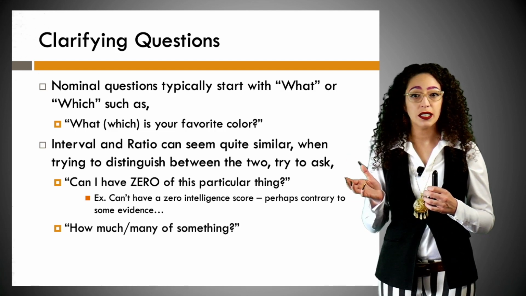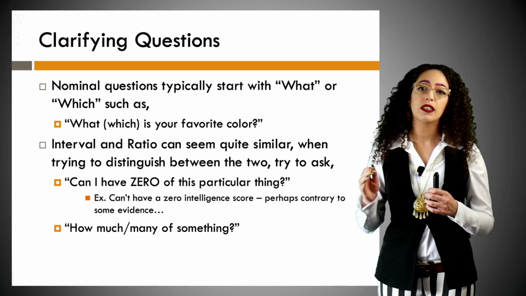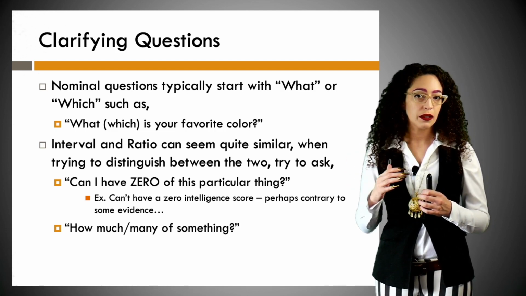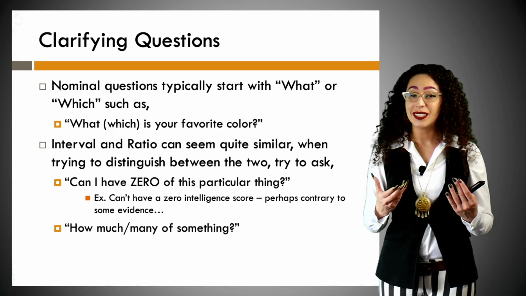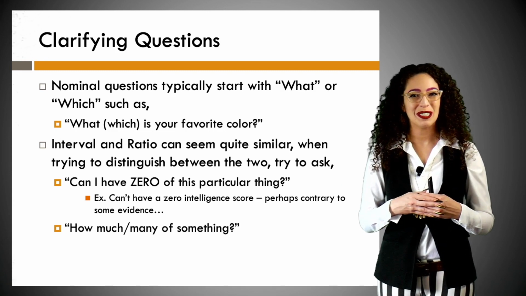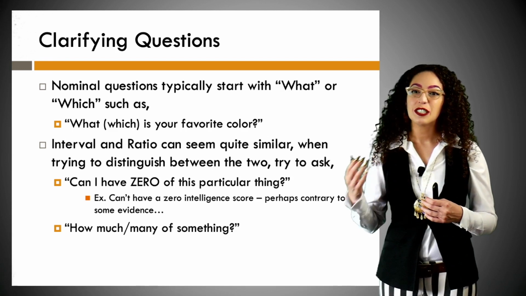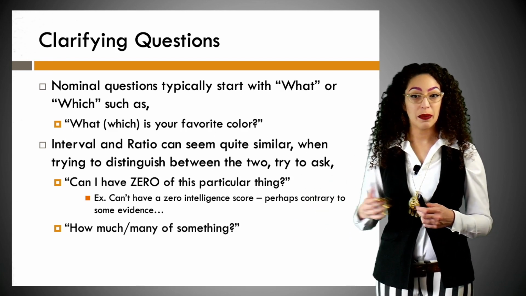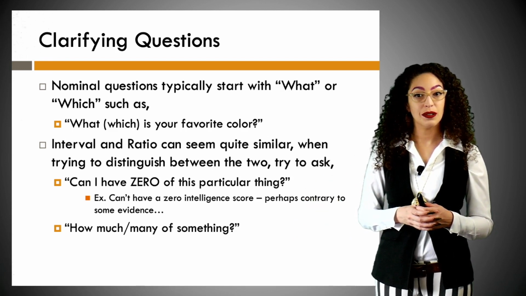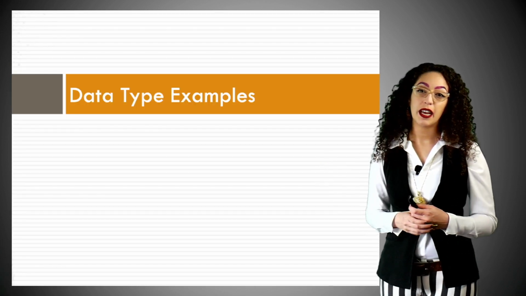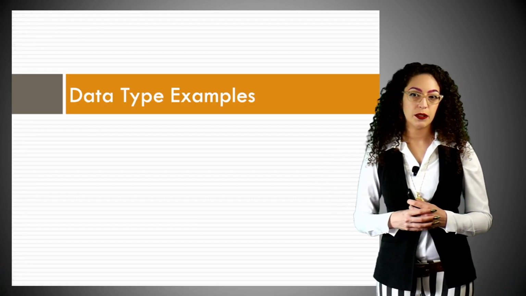Again, like intelligence, you cannot score a 0. Even the people who score the lowest still don't get a 0, unless you were in a completely vegetative state, which would be completely inappropriate to try to administer an IQ test to. The question of how much or how many of something might give you a clue that it is ratio or interval. So let's do some examples now and see if you can identify what kind of data we're dealing with.